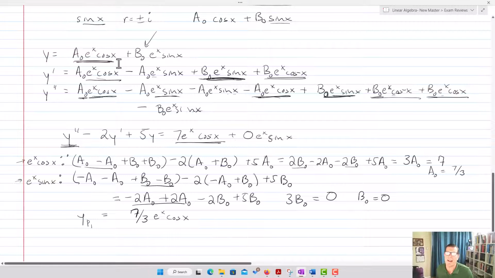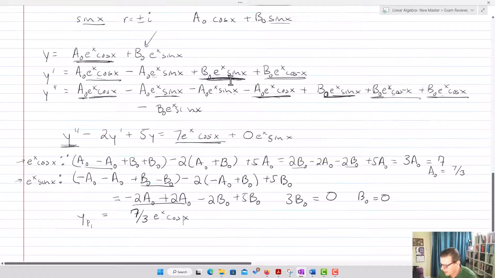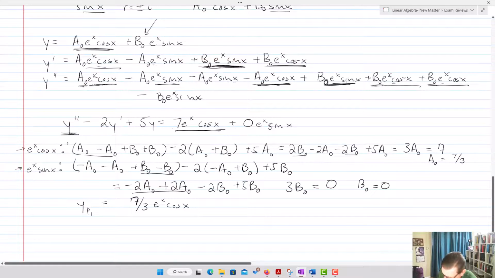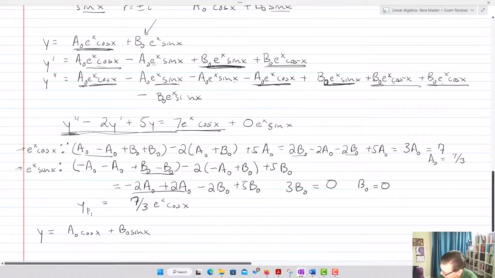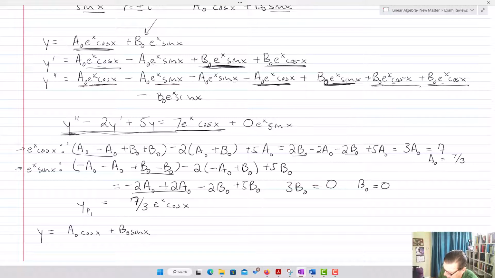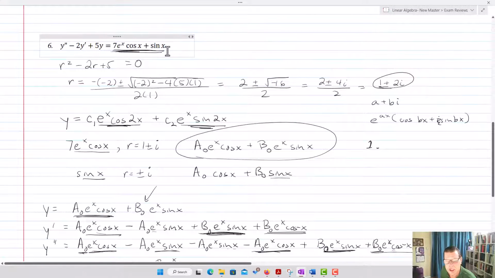Now I want to do the second half to my solution, which has my a naught, my b naught, a naught cosine x plus b naught sine x. Okay? And so I'm going to let that be now my y. So I'm going to have y equals a naught cosine x plus b naught sine x. And this is my differential equation, except for the fact that instead it'll have just 1 sine x.